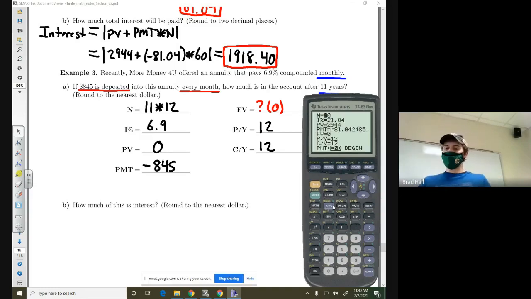Now that we have all of these values figured out, 11 times 12 is 132. 6.9 there, 0 there, negative 845 here, placeholder 0 there. So once we fill in all the values, we're looking for FV. So alpha, enter.